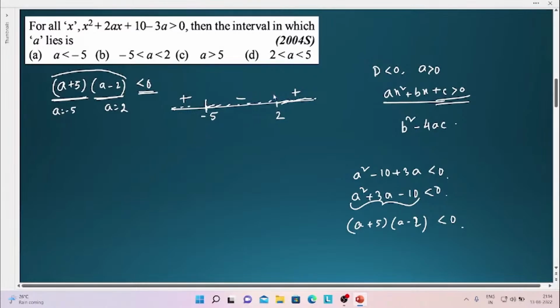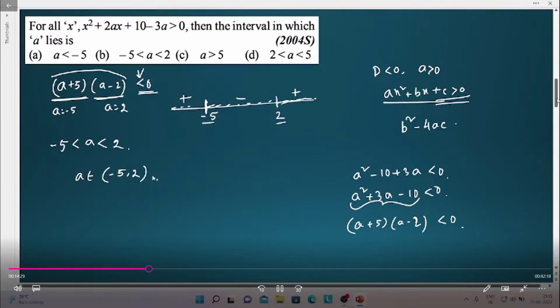The negative part is in that range, and since it is strictly less than 0, we must not take minus 5 and 2. So it will be minus 5 less than a less than 2, I mean, a belongs to the open interval minus 5 to 2.